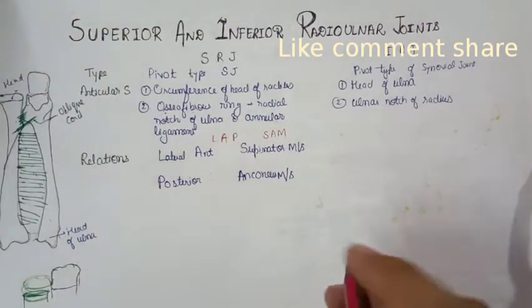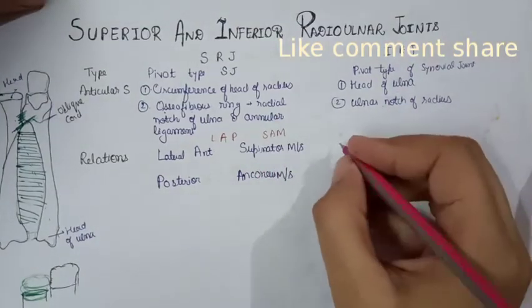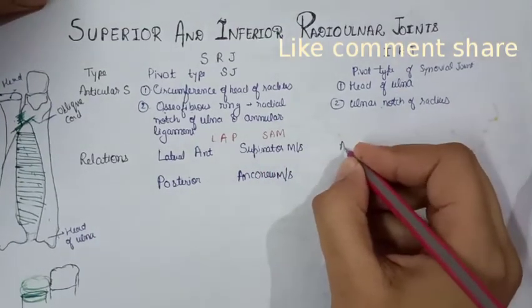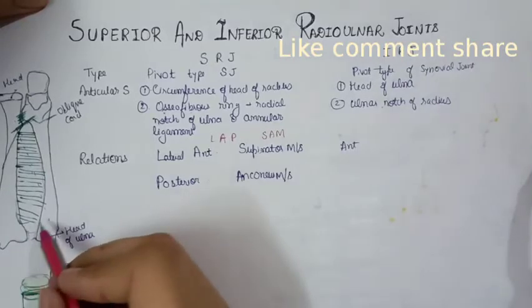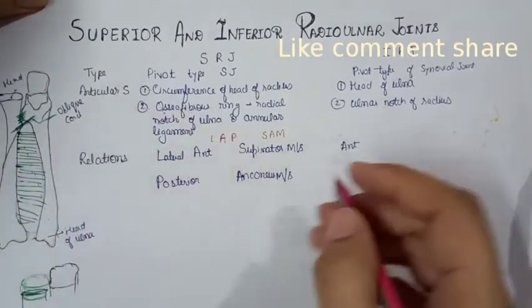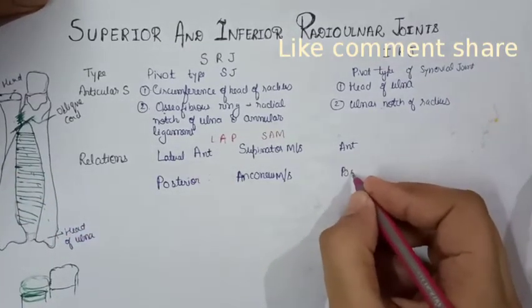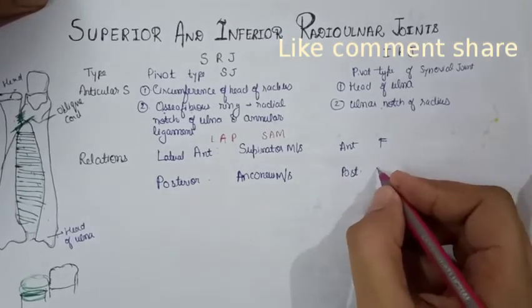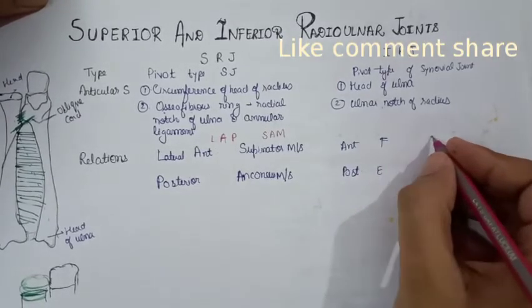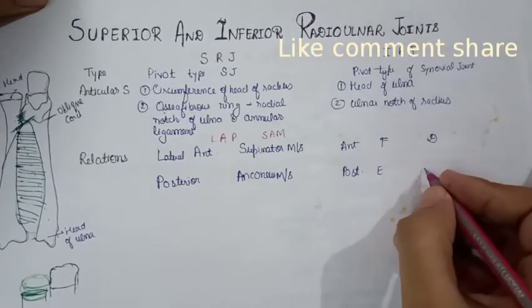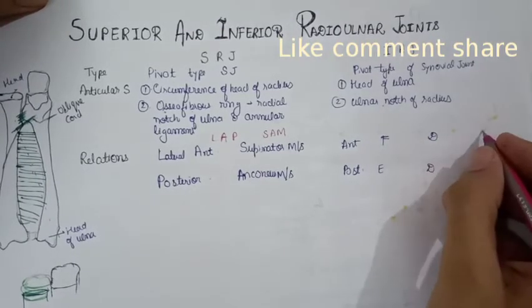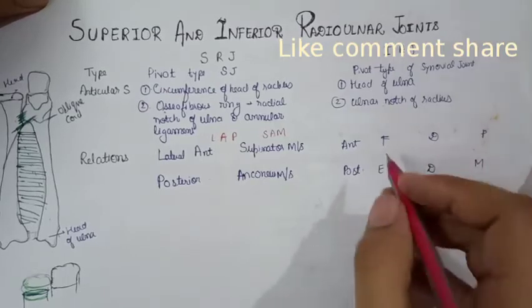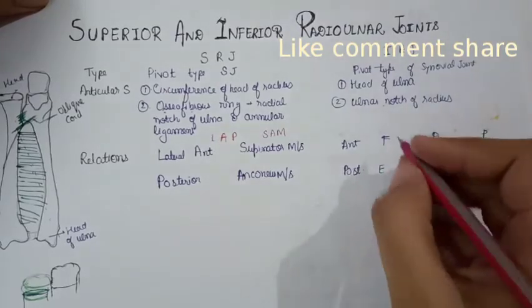Now let's see the relations of the inferior radioulnar joint. It has two relations, anterior relations, lying anteriorly, and the back, that is the posterior relations. It's formed by FE DD PM. So the relations are FE DD PM.